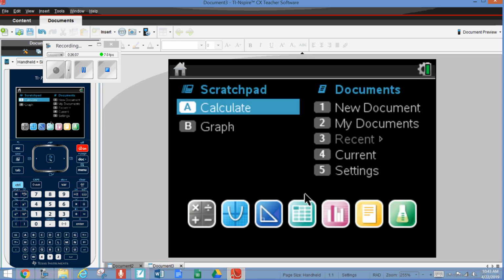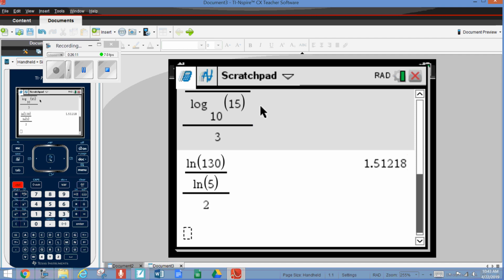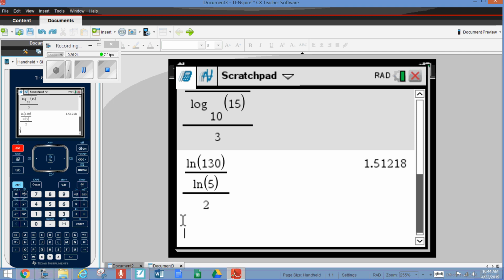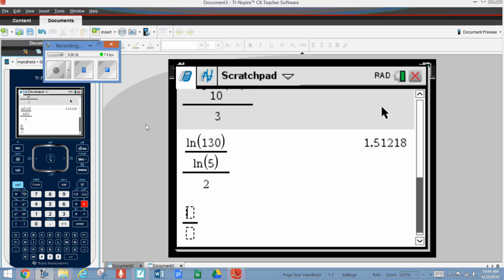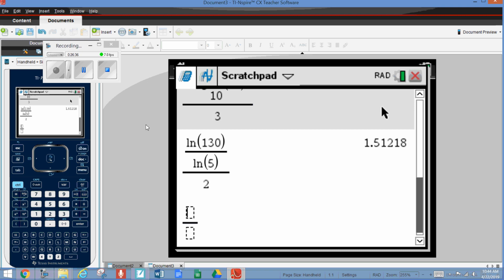Calculator section. So control, divide first. Control, divide. No, not the control. Escape. ln. It's hard to write with this, ln 5, ln 8.